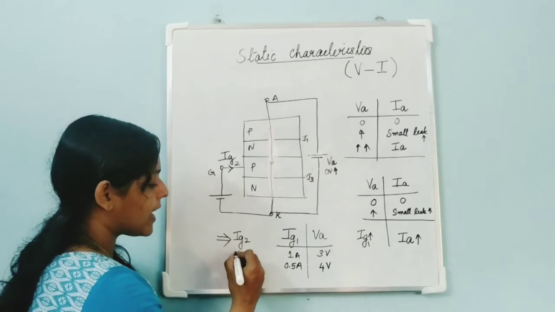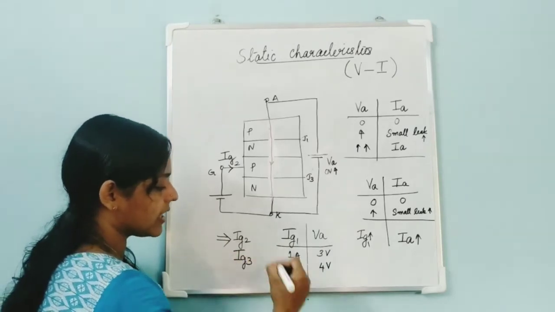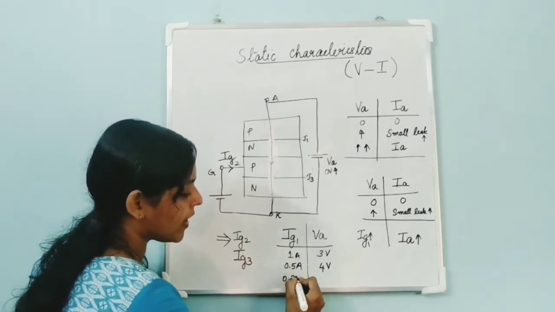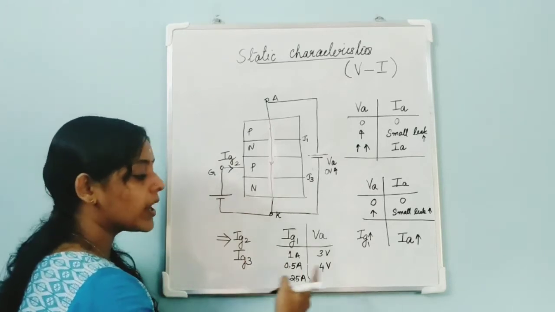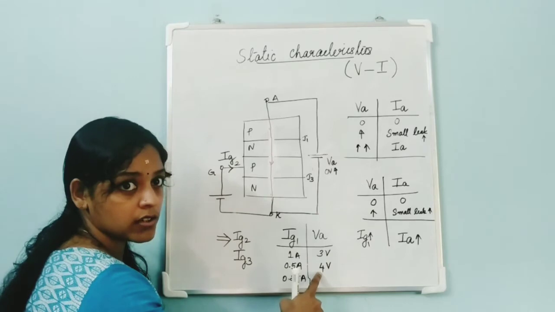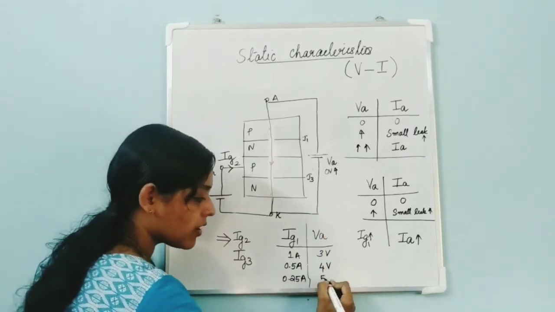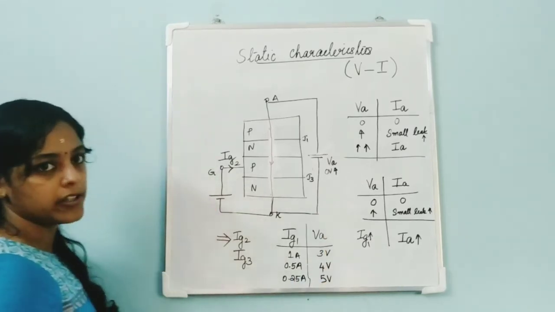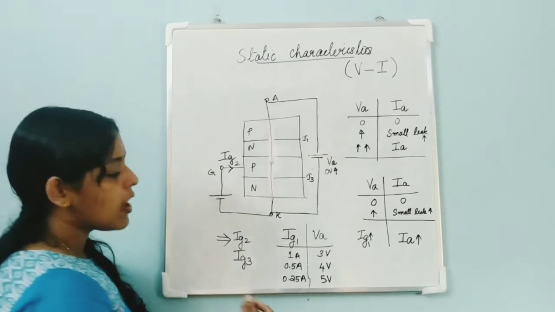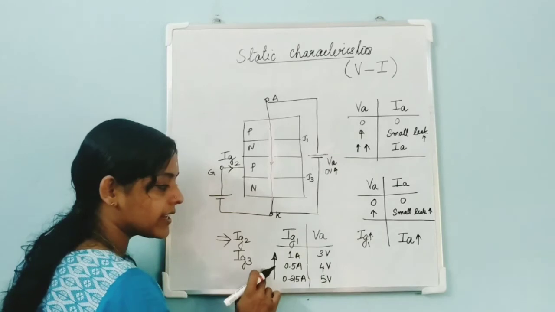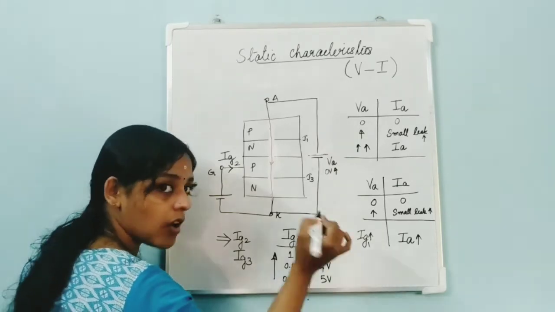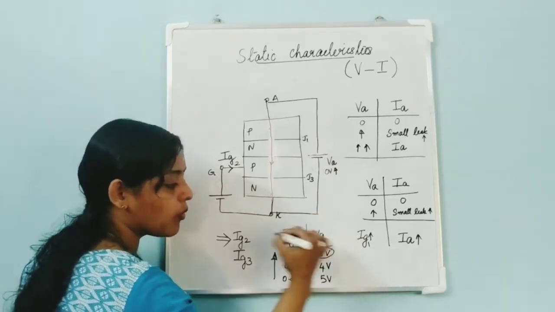Now, if I apply another gate current Ig3 whose value is 0.25 ampere, that means the gate current is less. So in this case, will the device get turned on at 4 volt? No, the device will be turned on at some other higher value of voltage. So when I increase the value of gate current, I can turn on the device at a very low voltage.